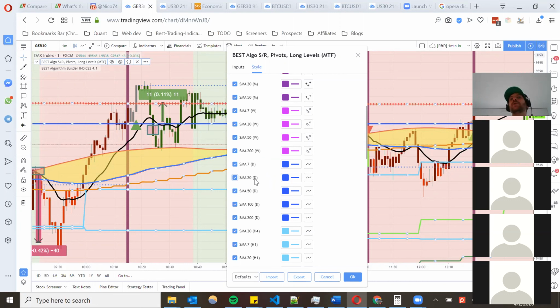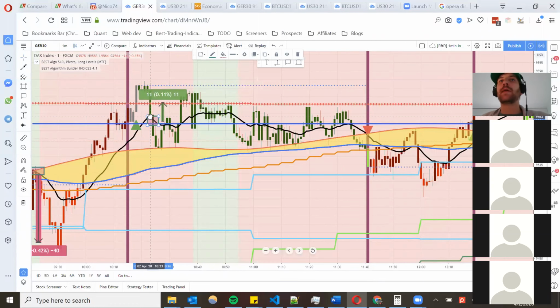So when you get a long on 1 minute close to this daily, the simple moving average 20 daily is here and the entry is here, but for me it's still close. So from my perspective, if you enter here or here, it's fine.